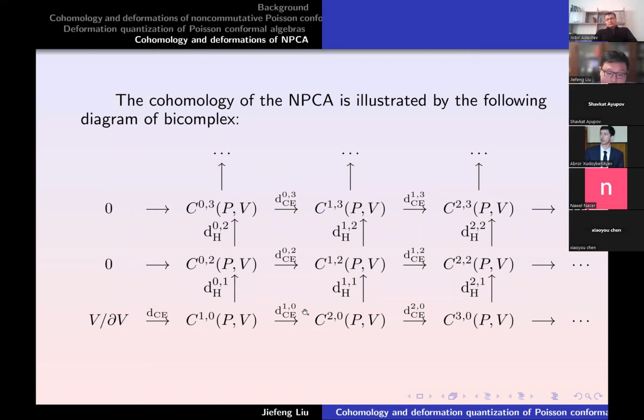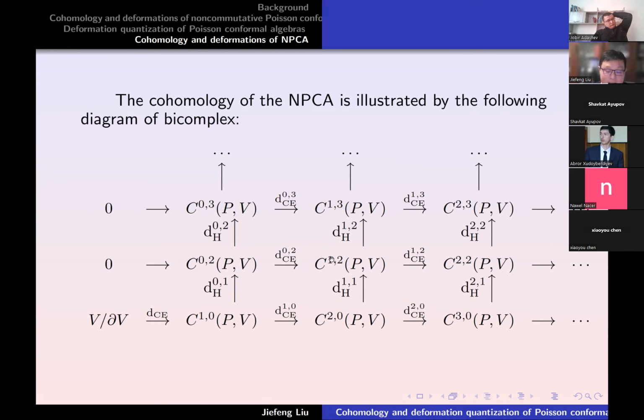See the horizontal direction. This is controlled by the Lie, by the Chevalley-Eilenberg coboundary operator. Then there are some a little different. See the vertical direction, which is controlled by the Hochschild coboundary operator.